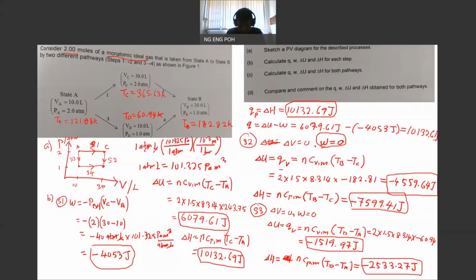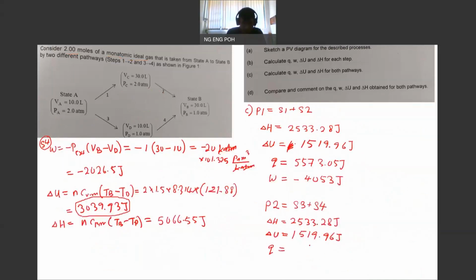Then Q is negative 1519.97. Since step 4 is an isobaric process, QP equals your delta H, which is 5066.55 joule.